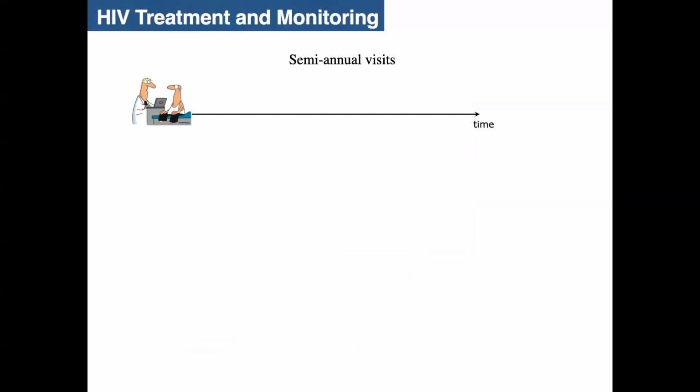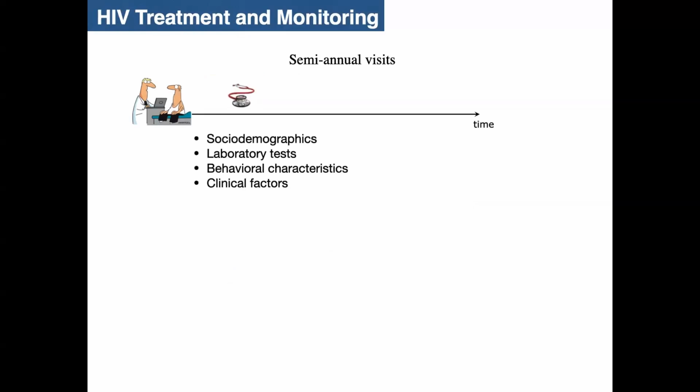Okay, so in the clinic, HIV patients are usually recommended to visit the clinics every half year. So on average, they have semi-annual visits, and at each visit, the physicians will check their records.